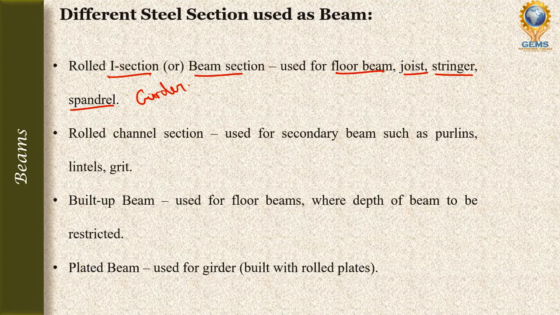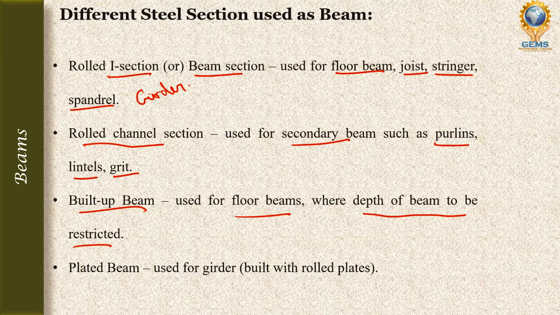If you want to use the rolled channel section, we will use it for secondary beams such as purlins, lintels, and girts. And built-up beams we will use in floor beams only, when the depth of the beam needs to be restricted.